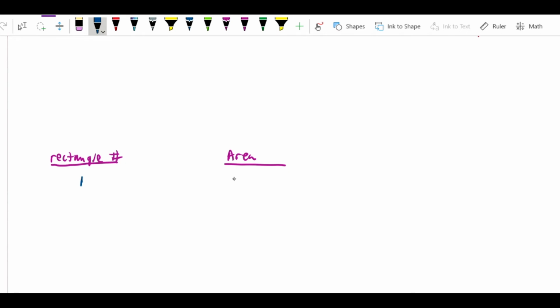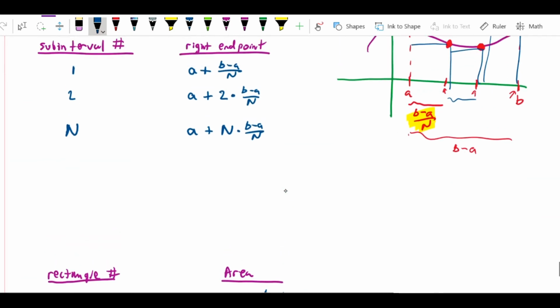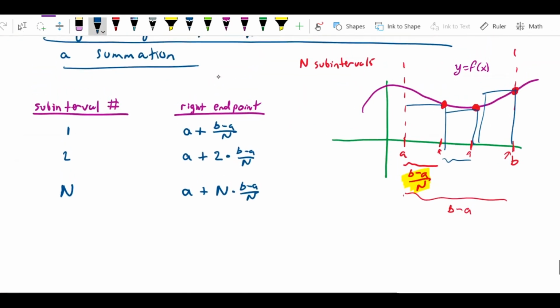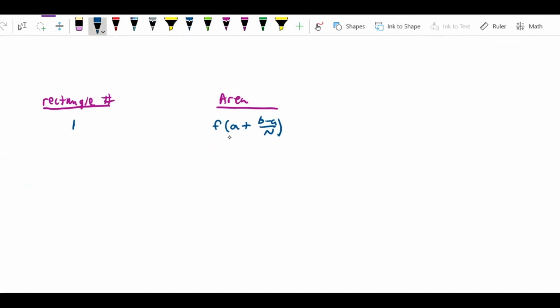The first rectangle is going to have an area of f of its right endpoint, so that's f of a plus b minus a over n. Where did I get that from? That's the right endpoint. I'm plugging it into f in order to get the height of the rectangle at that red dot. So the height of the rectangle is that, and then times its width, which is b minus a over n.